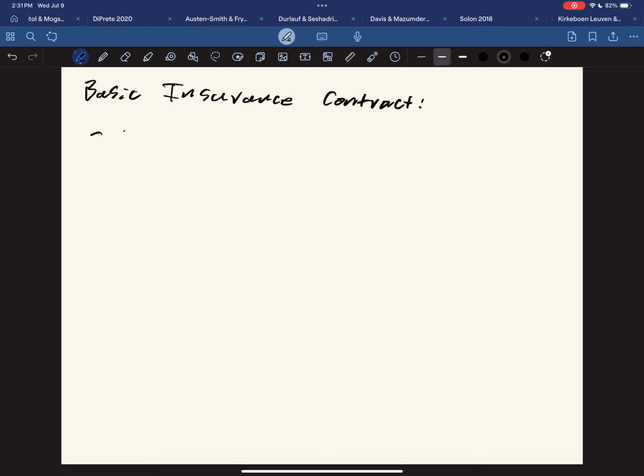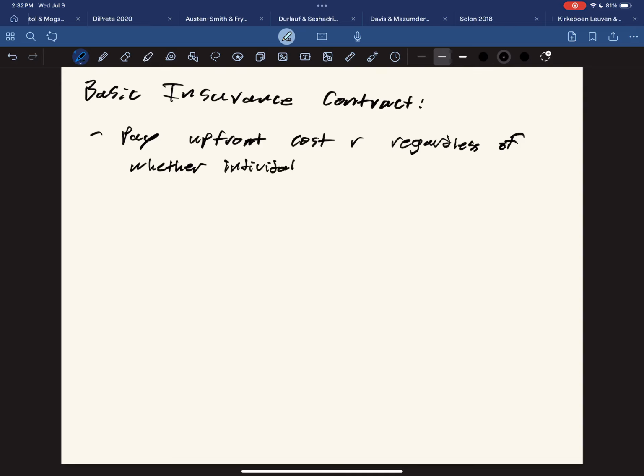So, the individual pays upfront a cost R, regardless of whether the individual is healthy or sick.